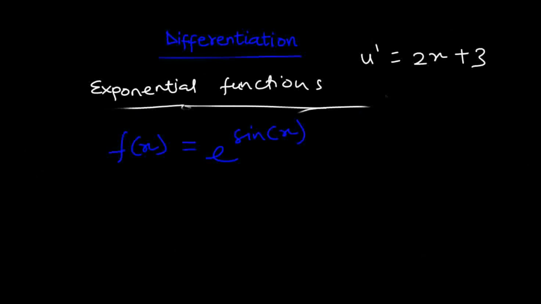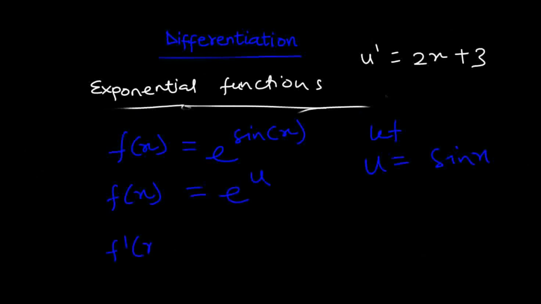I'm going to let u be equal to sine of x. Therefore you have f of x equal to e to the power u. Then f prime of x will be u prime multiplied by e to the power u. So now let's find u prime.